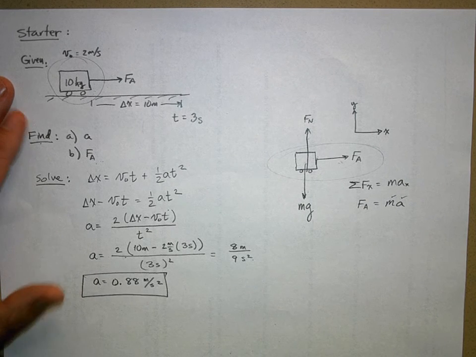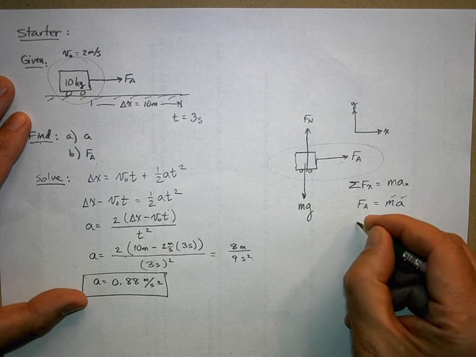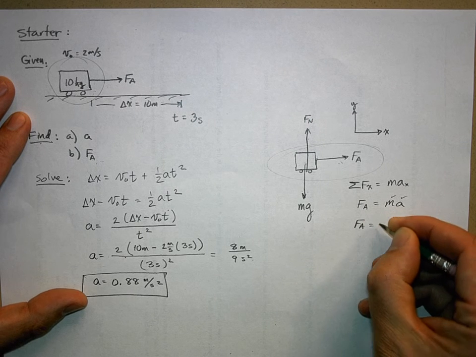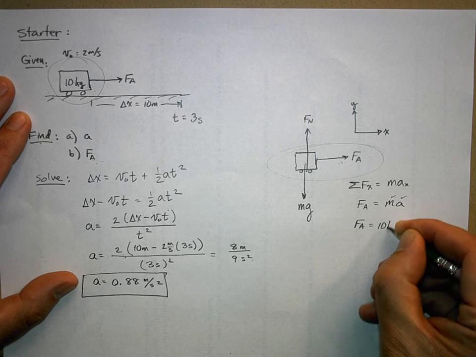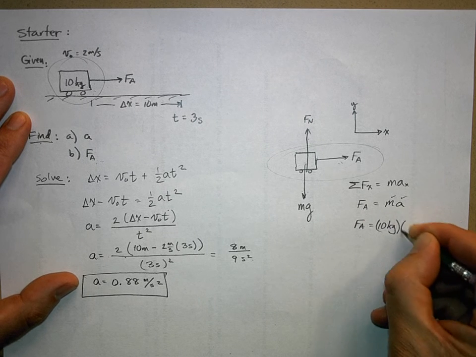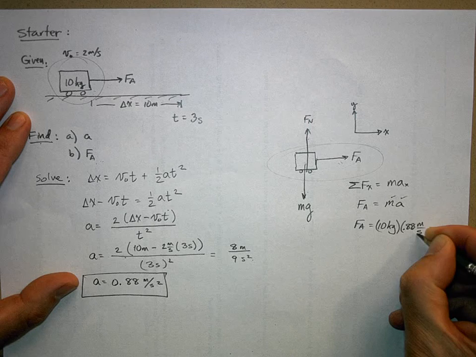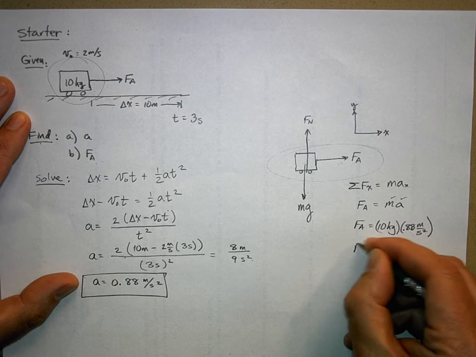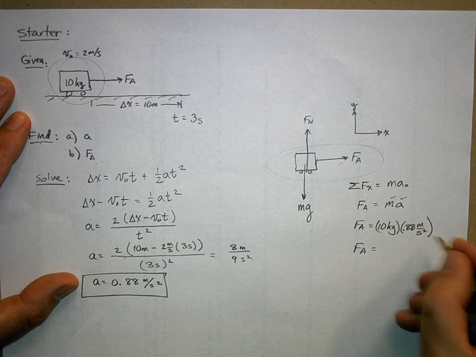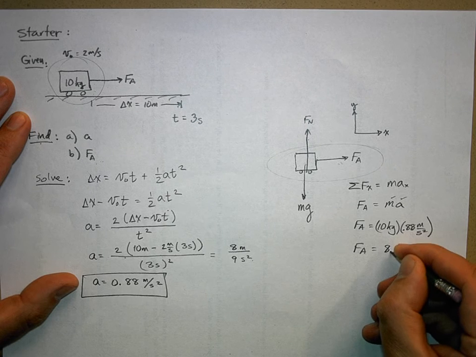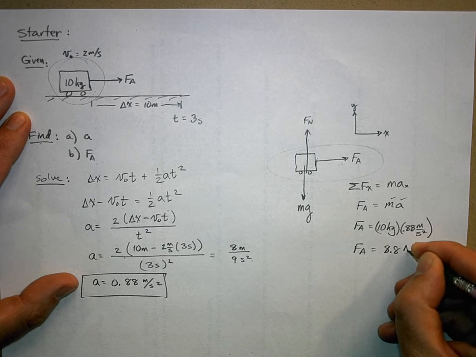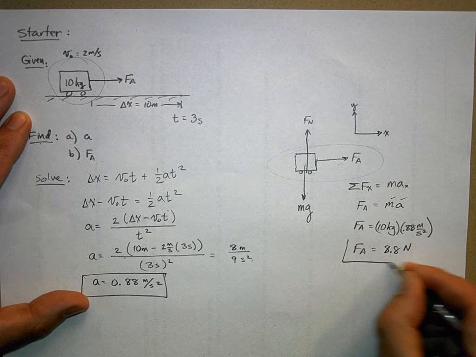I solved it in part A of the problem. So the applied force is just going to be 10 kilograms times 0.88 meters per second squared. And so that's going to be 8.8 newtons. Okay?